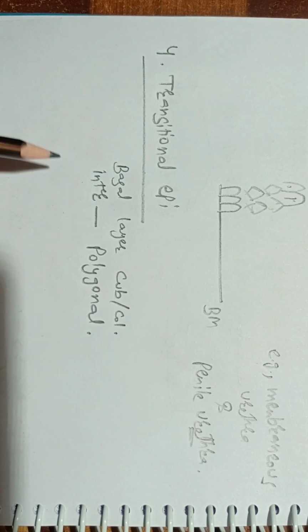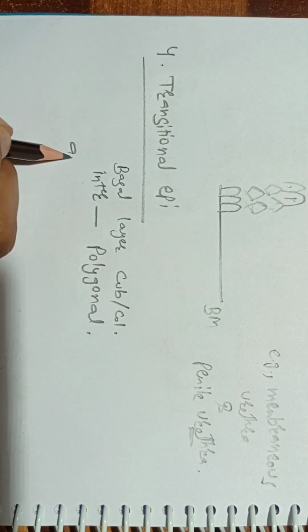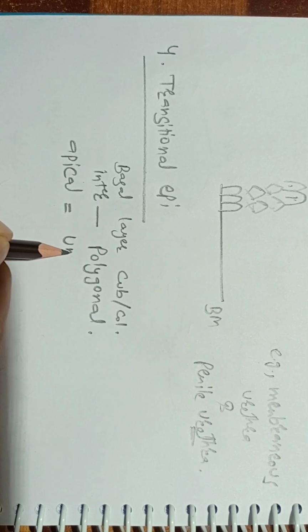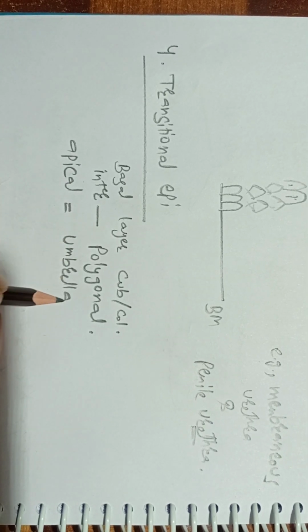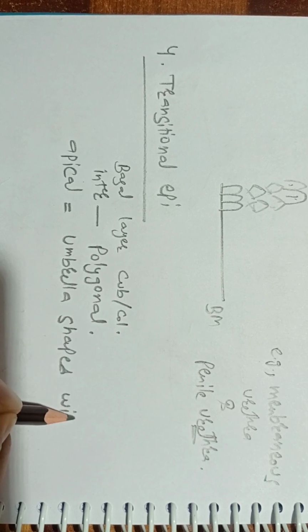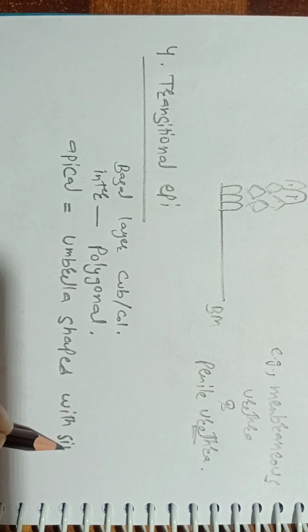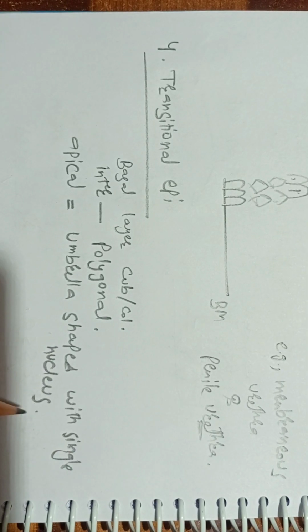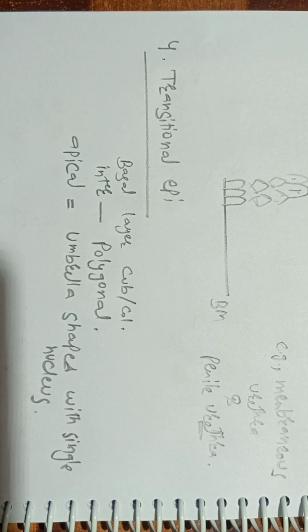The only difference in all these epithelia is the apical layer. Here in transitional epithelium, the apical layer is umbrella shaped with a single nucleus.